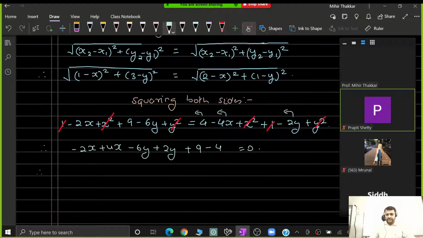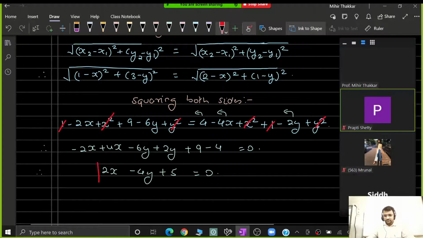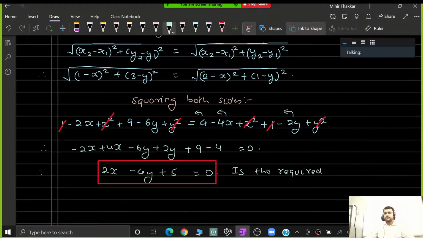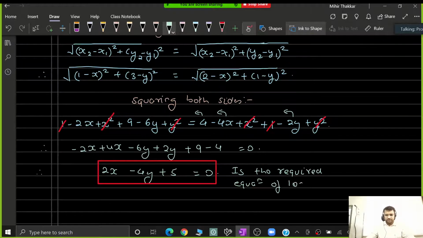So you get, finally it is 2x minus 4y plus 5, and that, guys, has to be equal to 0. Becomes your required equation of the locus.